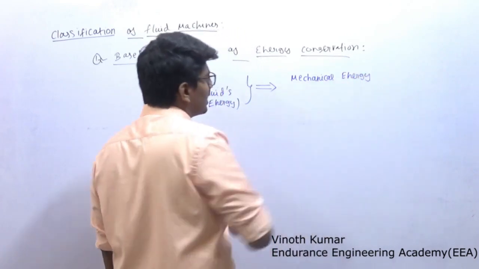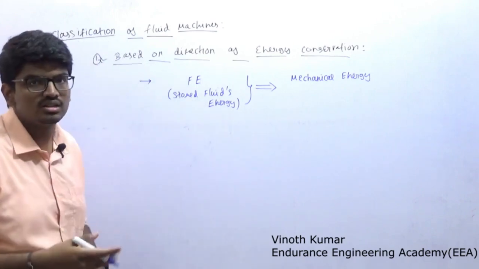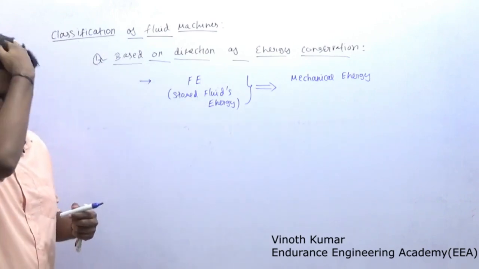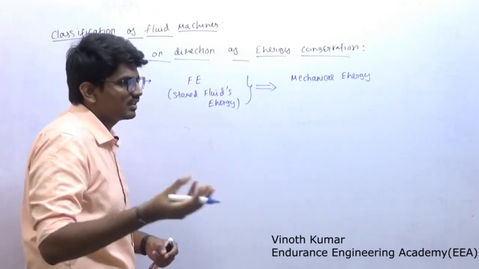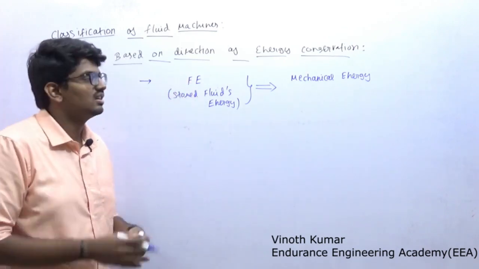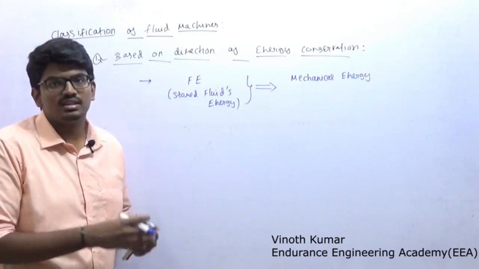As I already said, in most cases it's nothing but rotation of shafts; we are going to convert it into rotation of shafts. That is what we mostly do. Fluid energy, which we already saw, such as intermolecular energy, pressure energy, kinetic energy and potential energy.